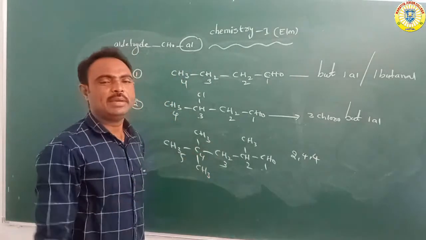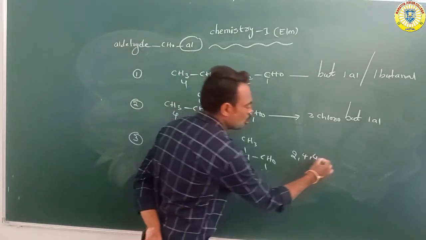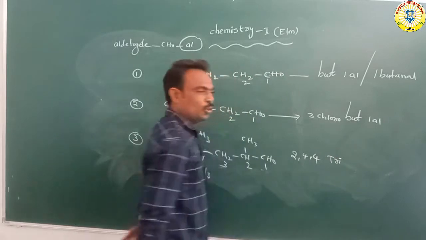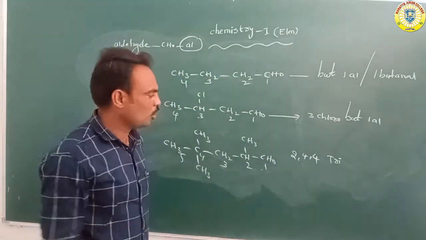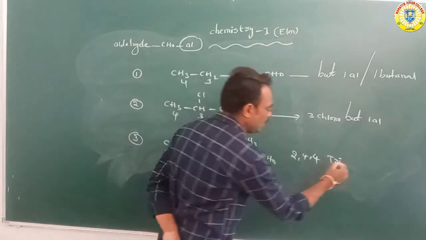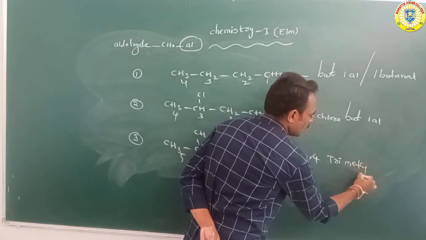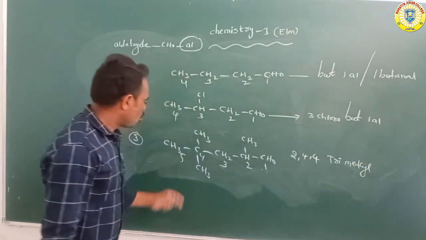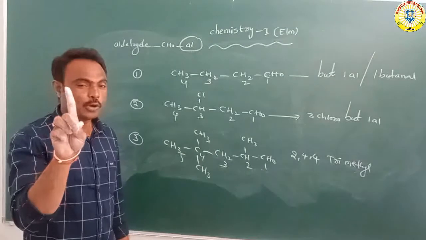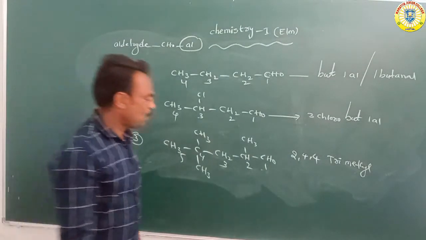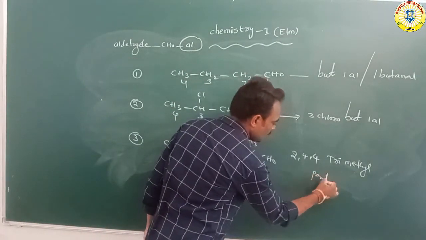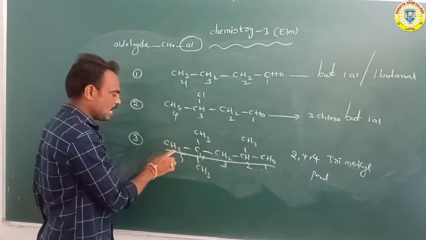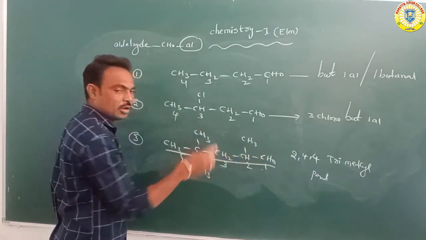So total how many methyl groups? 3. So tri, 2,4,4-trimethyl. How many carbons does the long chain contain? 1, 2, 3, 4, 5. 5 carbons.